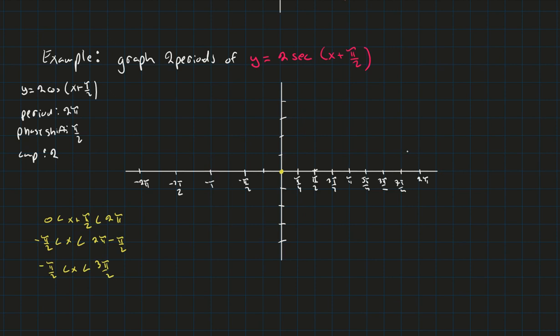So my max is going to be at negative pi over 2 at the amplitude of 2, at 3 pi over 2, which is right over here. Okay. And halfway in between is this right over here. So that means 3 pi over 2.